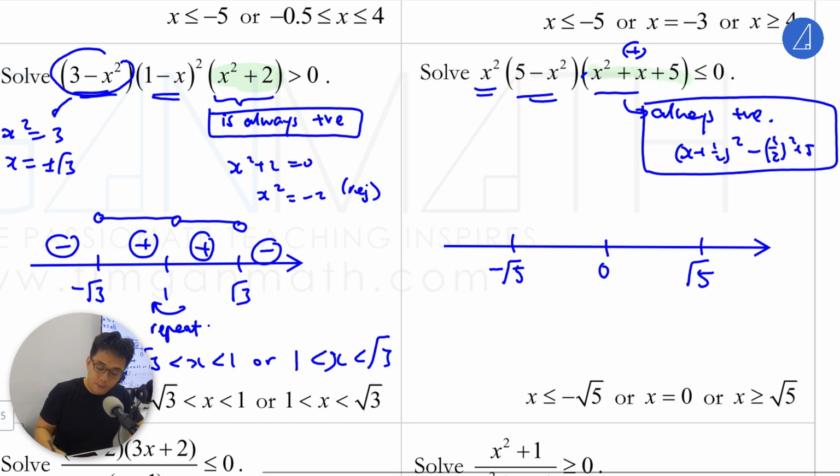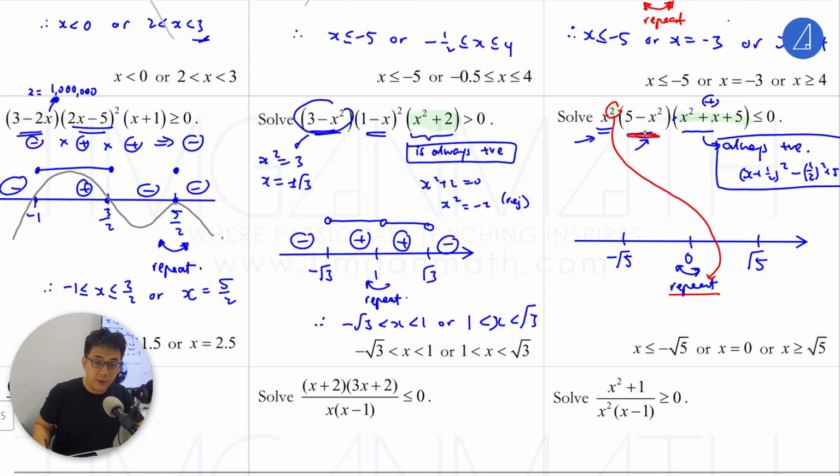Once done, you put x super huge. This is a repeated root, because of this guy here. This is a repeated root. This is not a repeated root. The repeated root has to be like squared outside.